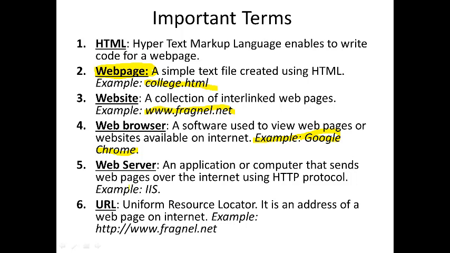So we use the HTTP, Hypertext Transfer Protocol, by which the browser and the server communicate, and I as a user am able to view the web page. Example is IIS, which is a common web server used over the Windows platform.